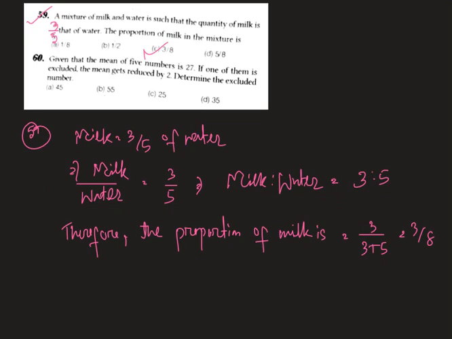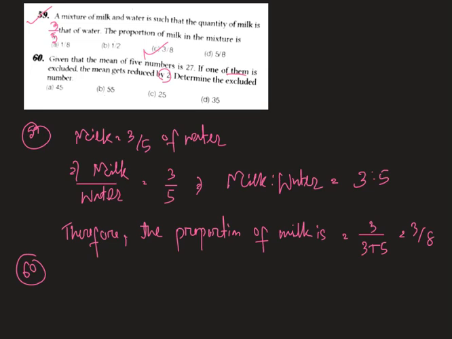Now let's see the next question. Given that the mean of 5 numbers is 27, if one of them is excluded, then the mean gets reduced by 2. Now we have to determine the excluded number.